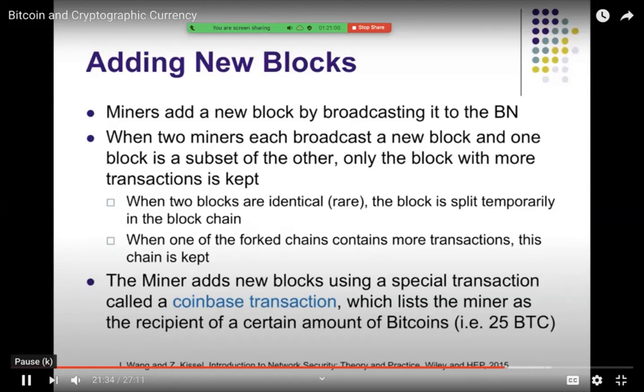This mining is really hard to do, right? But let's say I found it after hard work. So now I want to add this new block to the blockchain. The miner adds a new block by broadcasting it to the Bitcoin network, BN. By broadcasting, this means everybody sees it.